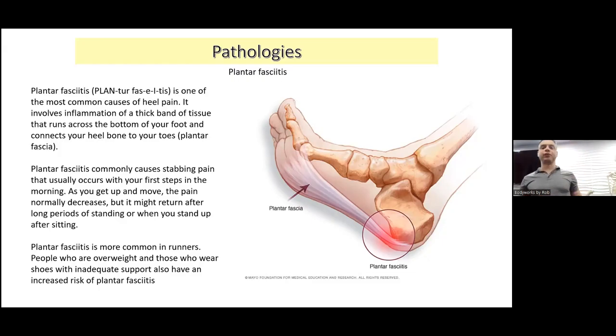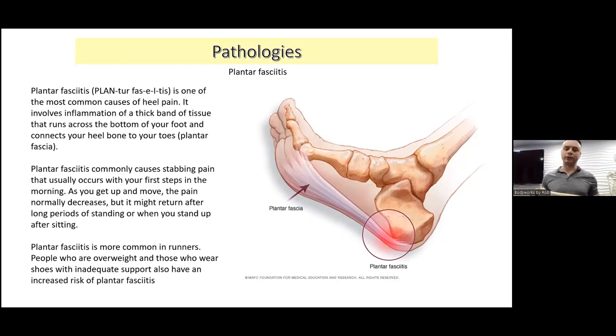What are the causes of plantar fasciitis? Well, typically, first and foremost, it's overuse, right? Most people you commonly see with plantar fasciitis are runners, or people who stand a lot, or whatever, right? So it's typically an overuse injury that leads to just the inflammation and pain on the bottom of the foot.